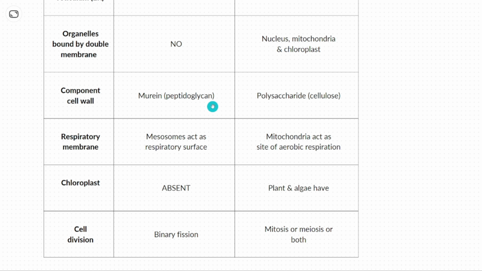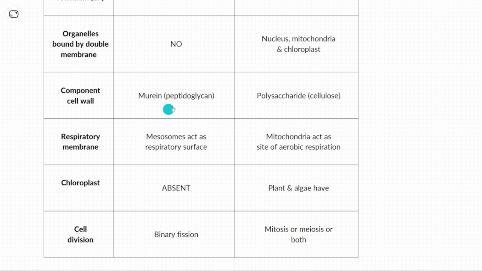Although both of them contain a cell wall, especially the plant cell for eukaryotic, the component of the cell wall is different. In the prokaryotic, the component is peptidoglycan. For the eukaryotic it is polysaccharide, cellulose. Cellulose is the major component within the plant cell, but for prokaryotic it is called peptidoglycan.